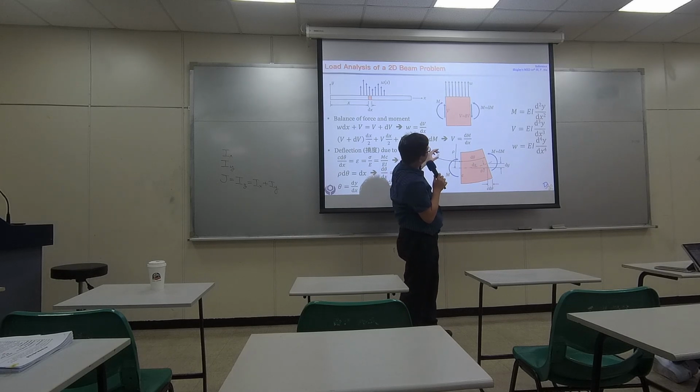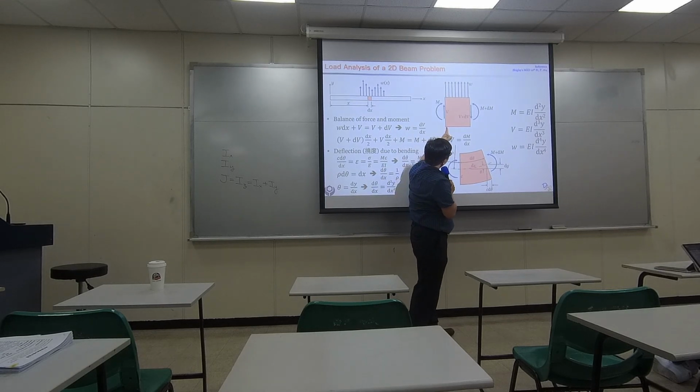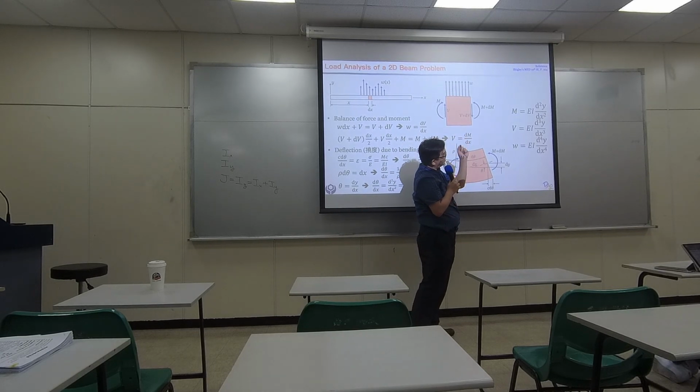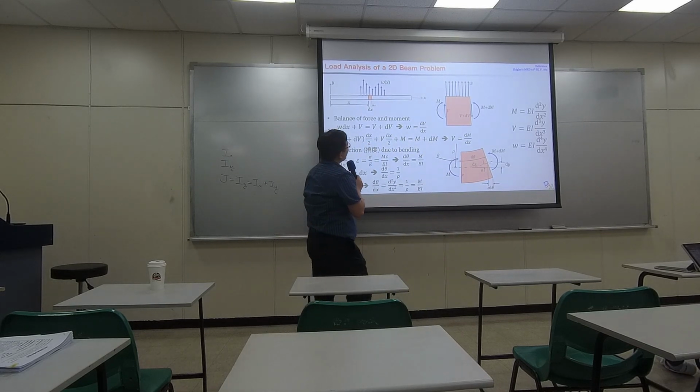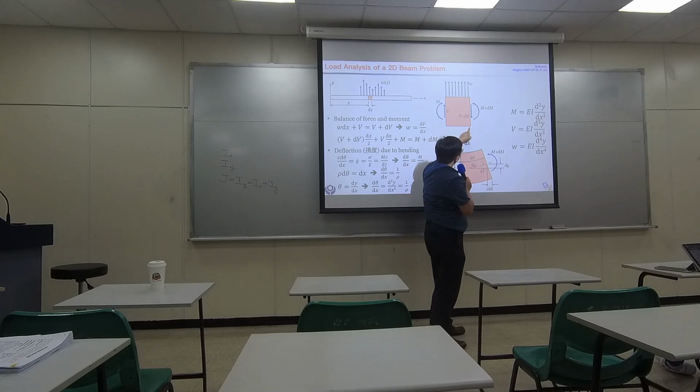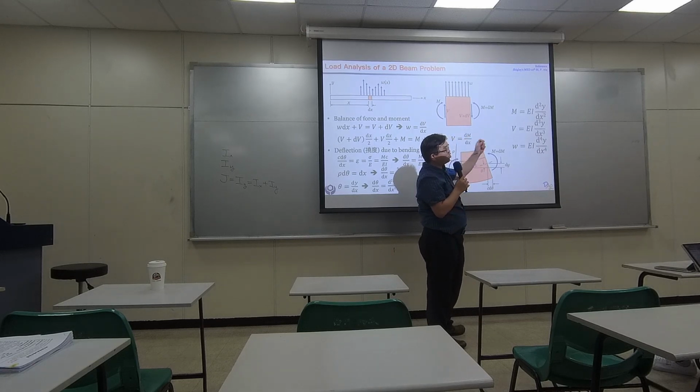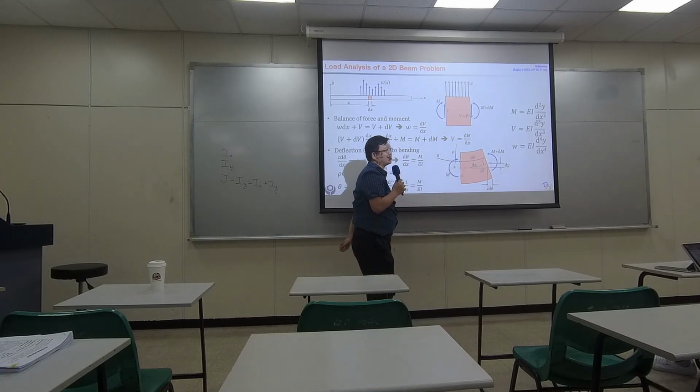So they have balance. However, we make a movement toward the right a little bit. With that tiny movement, the amount of shearing force and bending moment could be changing by a little.